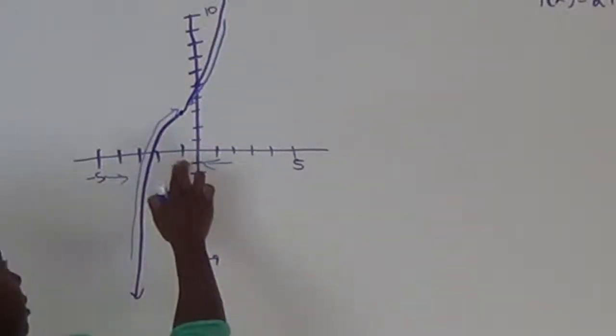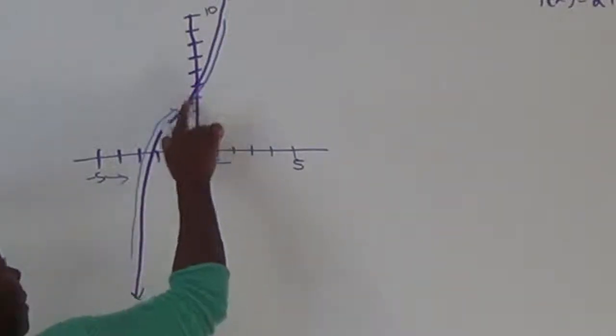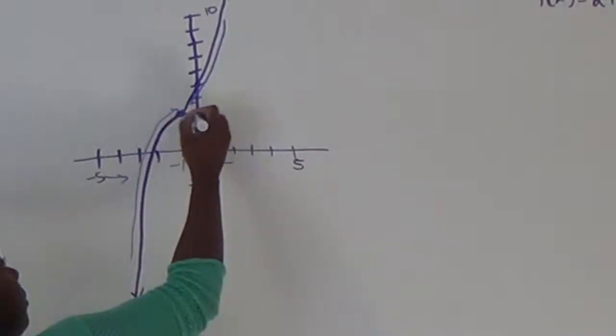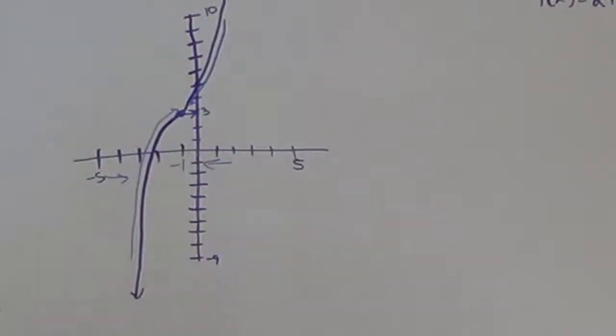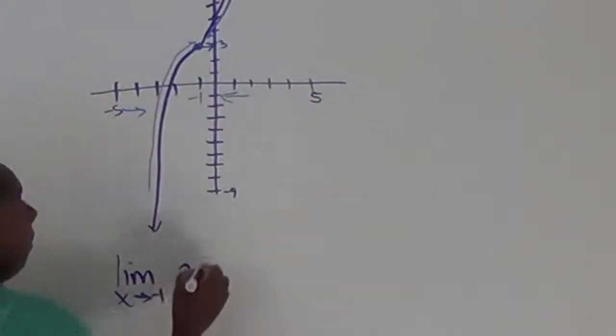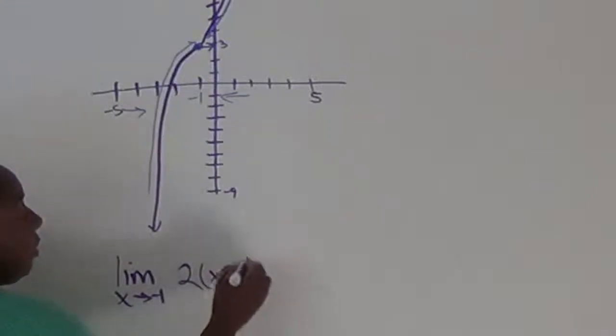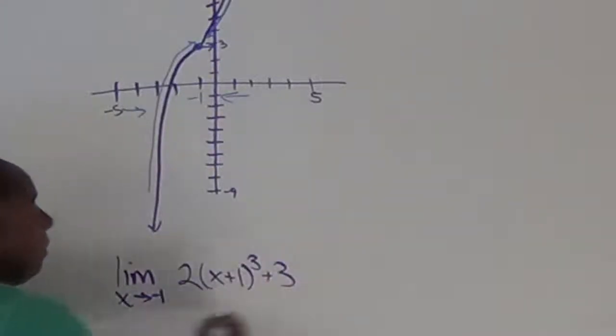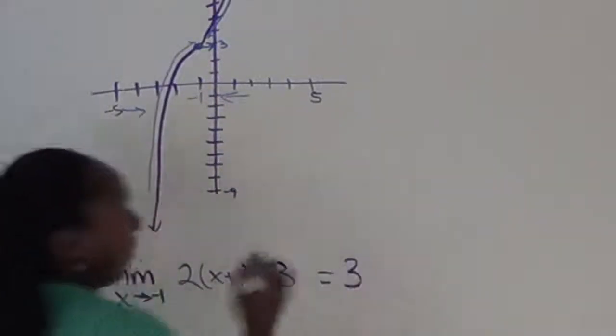As I get closer and closer to negative 1, the y values are getting closer and closer to 3. So the limit as x goes to negative 1 of 2 times the quantity (x plus 1) cubed, plus 3, is going to equal 3.